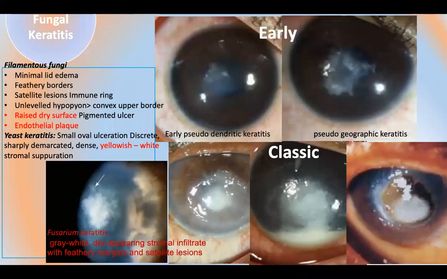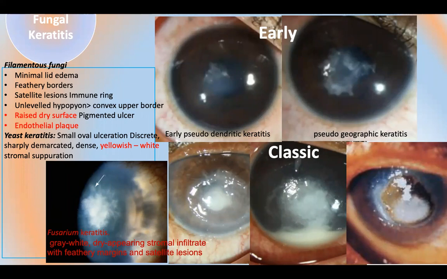Fungal keratitis, many presentations. In early presentation, it could mimic a viral dendritic ulcer, and it can even present with a picture similar to geographic keratitis, like if left over 2 or 3 days, maybe this patient came, he took medicine over the counter and came.